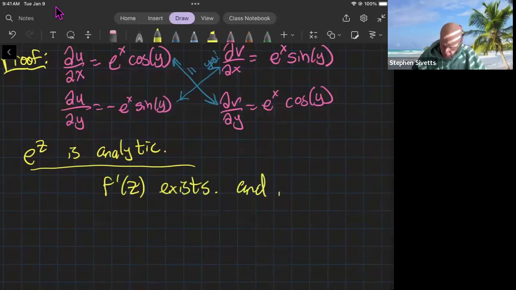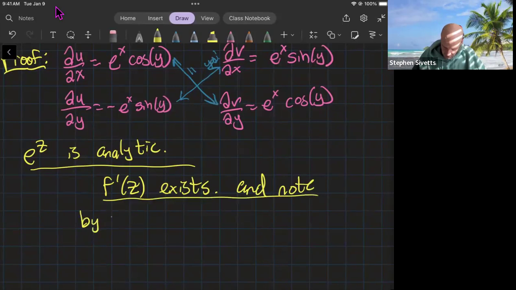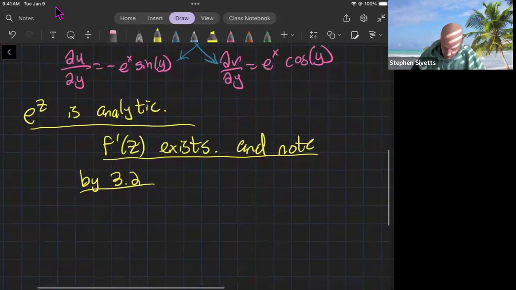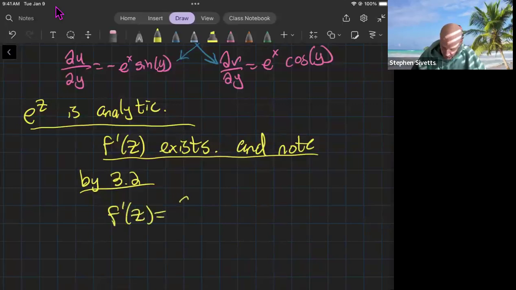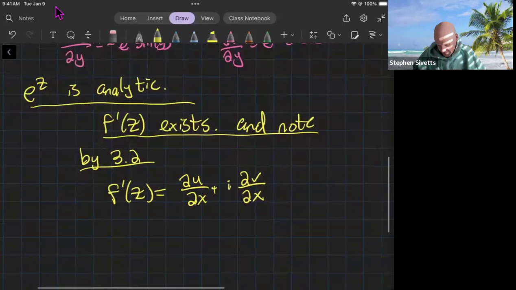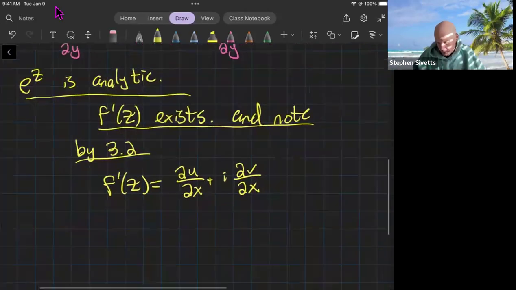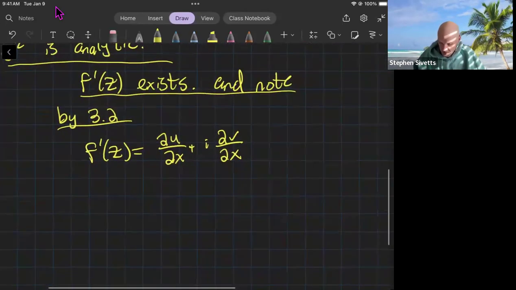And take note of this. By section 3.2 in the textbook, f prime of z equals the partial of u with respect to x plus i times the partial of v with respect to x. So this is one way of showing what f prime of z equals.